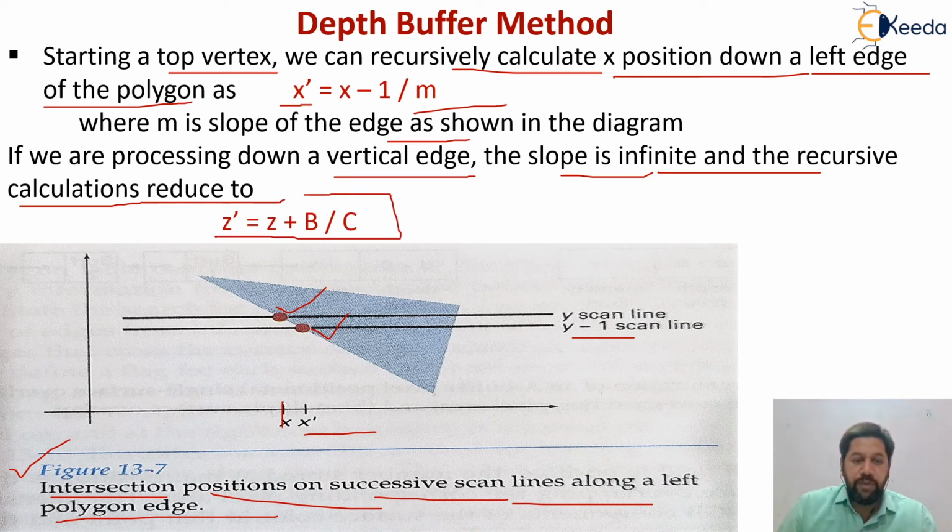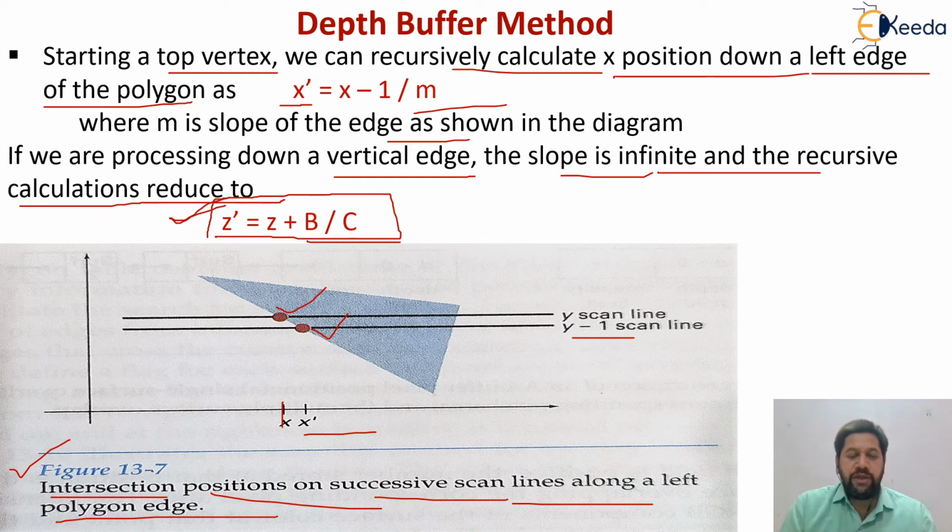My depth value will be reduced, and I can directly calculate z dash equal to z plus b divided by c, because a represents x, b represents y, and c represents z. So the new calculated value will be z plus b divided by c.